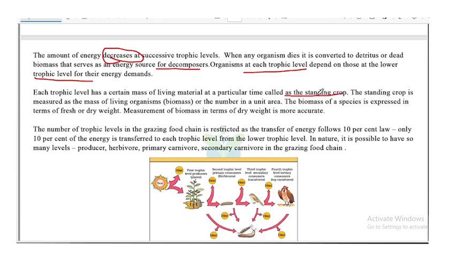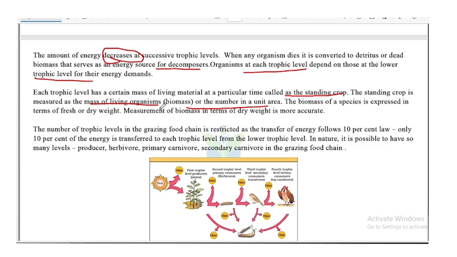What is standing crop? It is the certain biomass of living material that is present at a particular time in each trophic level. The standing crop is measured as the mass of living organisms, that is biomass, or the number in a unit area.